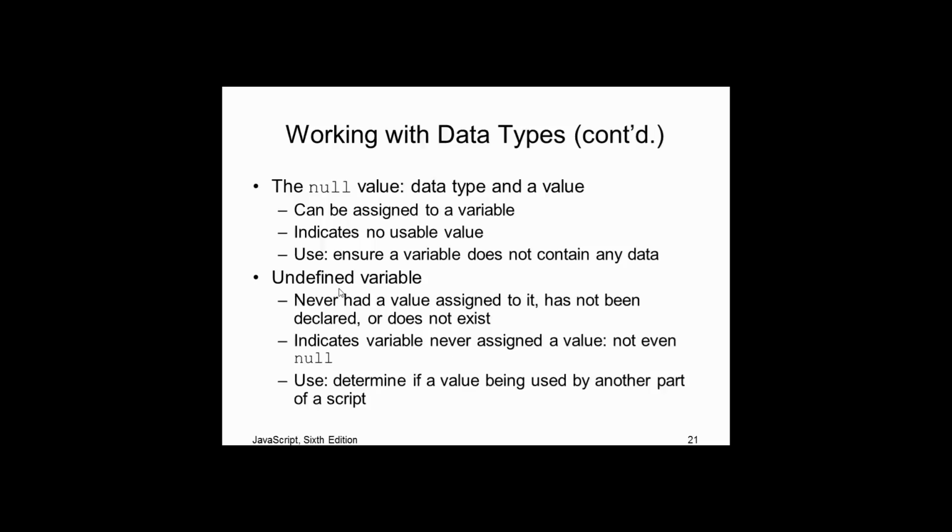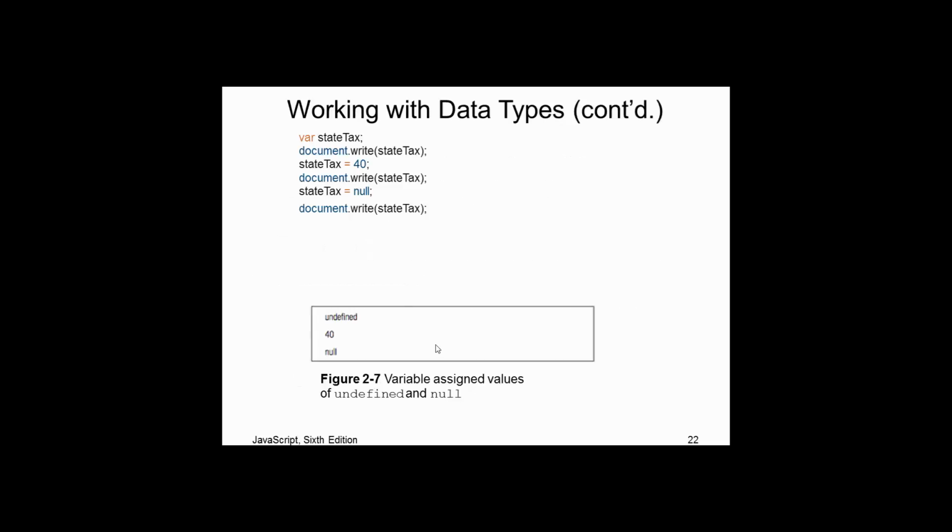An undefined variable is different though. Undefined is different than null. If you have a variable that never gets a value, it's said to be undefined. Here's an example. We have a variable called state tax.